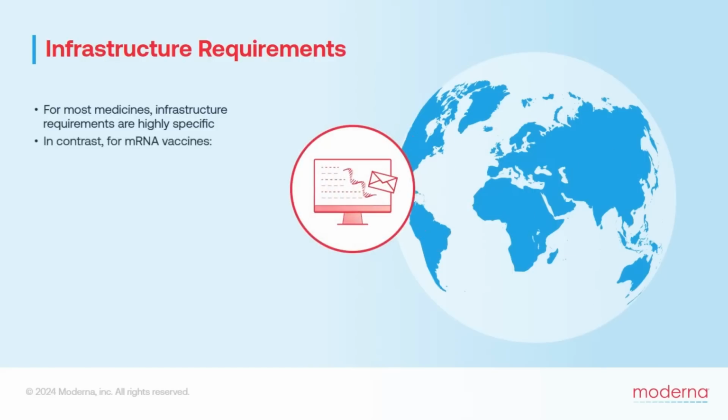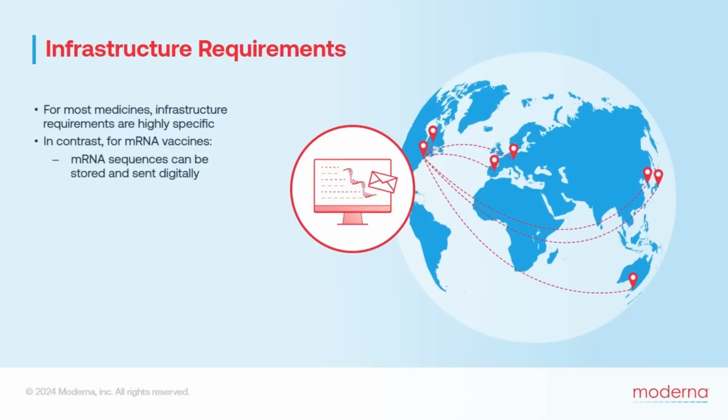In contrast, an mRNA sequence is simply a string of letters that can be stored digitally and sent anywhere in the world instantaneously. Thus, once researchers have determined an optimal mRNA sequence for a particular purpose, it can be sent out to a network of small manufacturing facilities for local manufacturing and distribution.